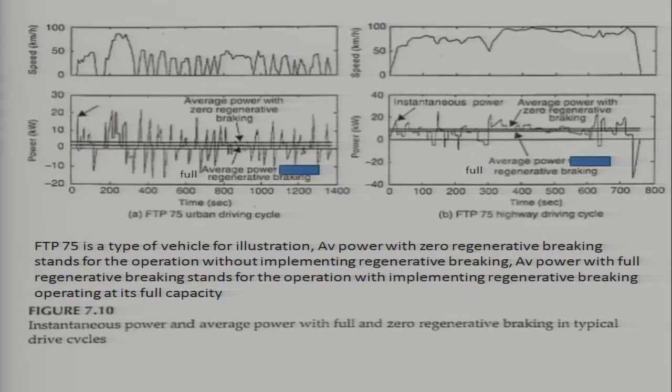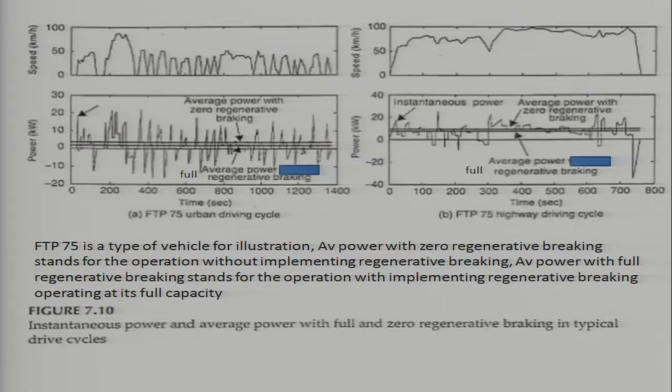When the power is on the positive y-axis, we are accelerating the vehicle. If it is on the negative y-axis, this is decelerating power, so you are decelerating the vehicle and applying regenerative braking.